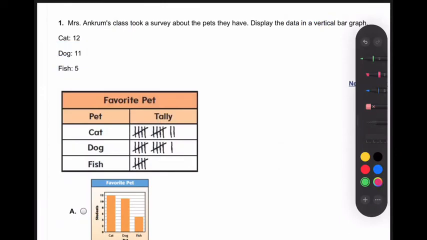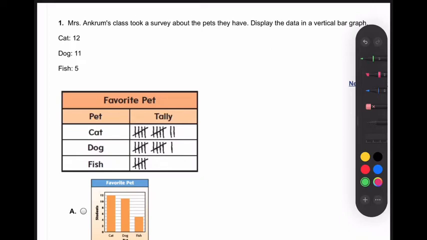Let's start with the first question. Mrs. Ancram's class took a survey about the pets they have. Display the data in a vertical bar graph. Okay, so a vertical bar graph, we draw from the bottom to the top, from down to up.